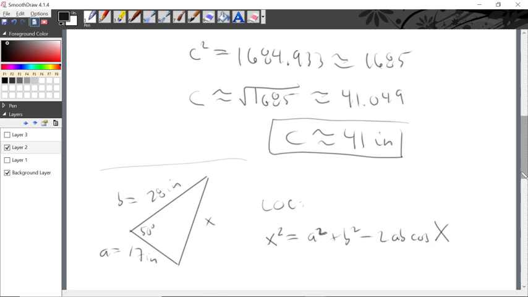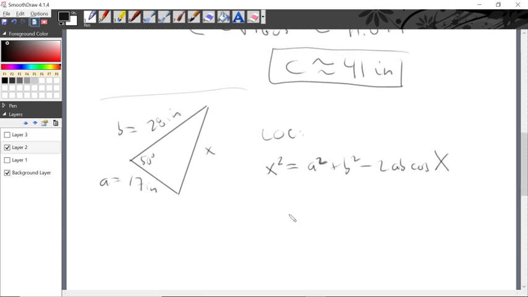I'm using an uppercase x there for the angle. So x squared is equal to 17 squared plus 28 squared minus 2 times 17 times 28 times the cosine of 50 degrees.